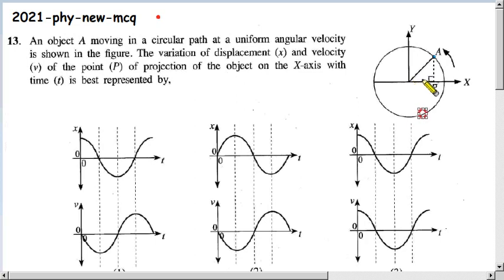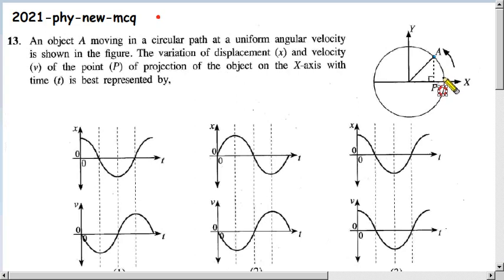So this is a sort of animation. You have to look at my pen. The object is moving like this. So the motion of the projection, you can see from the motion of my pen, roughly.